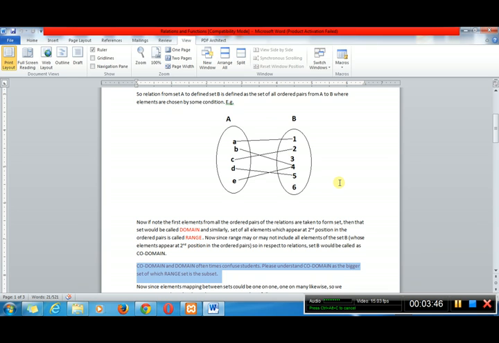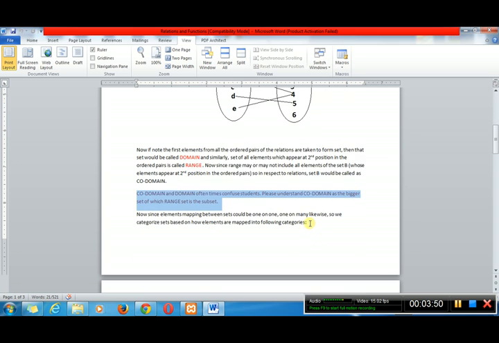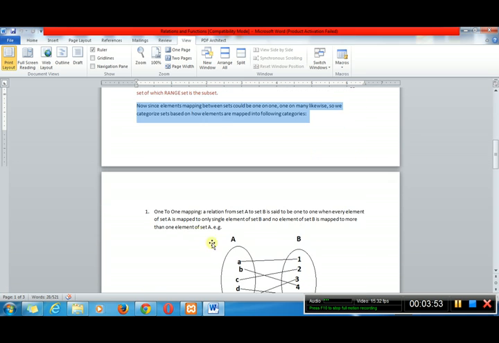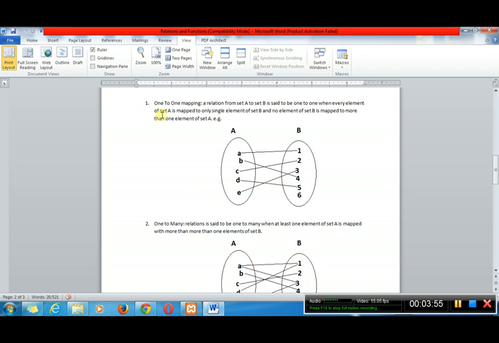But keep in mind that B is a set containing 1, 2, 3, 4, 5 and 6, where 3 and 6 are not mapped to any value in set A. So this whole set is not used in this relationship.